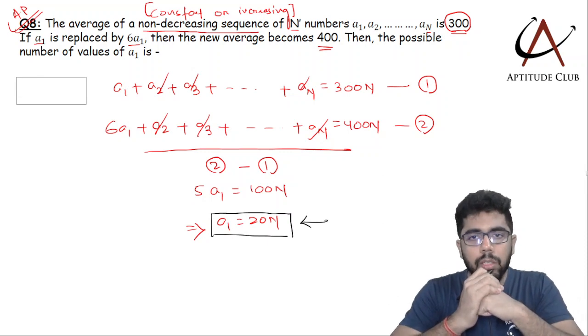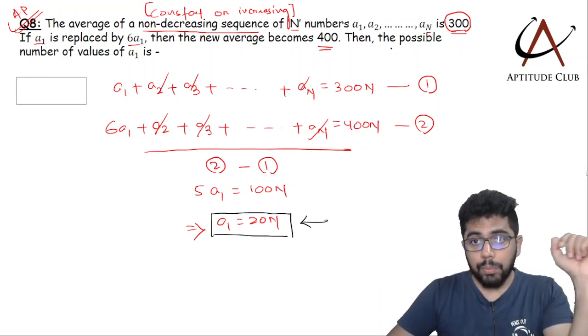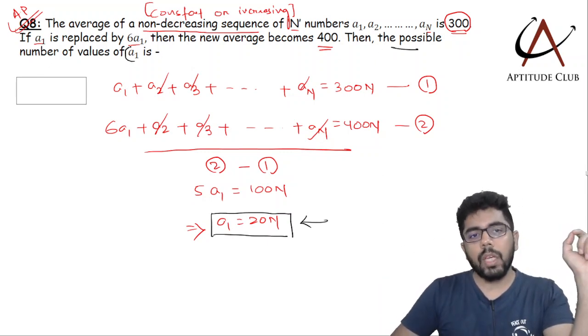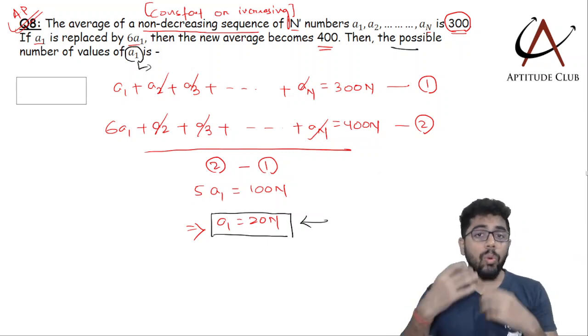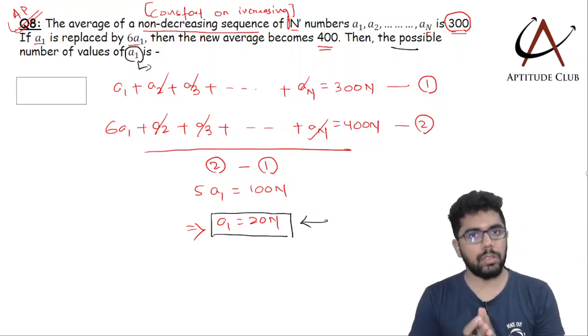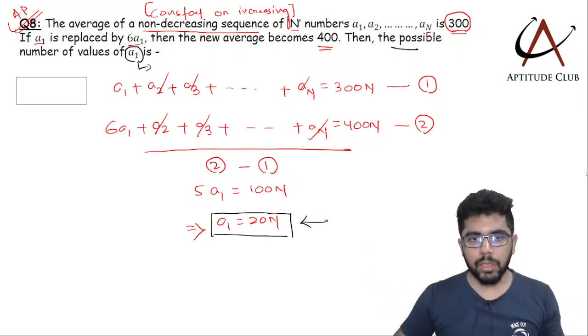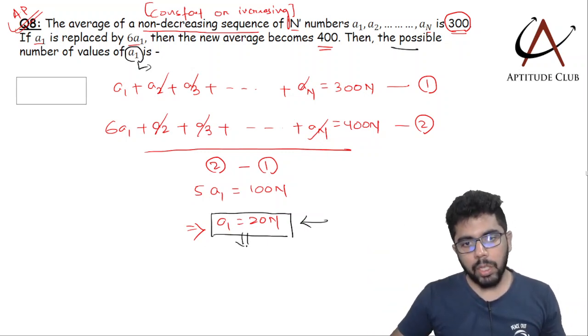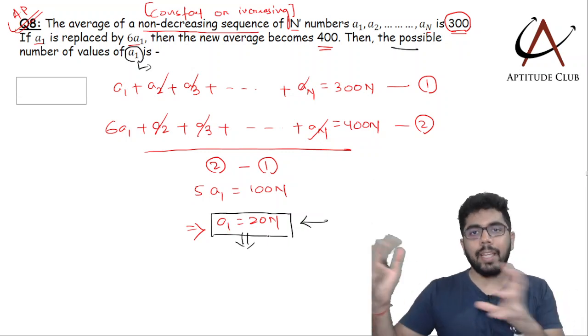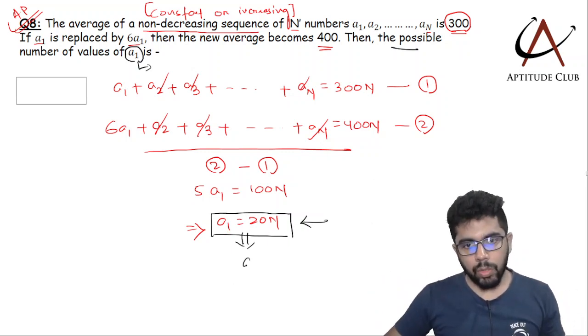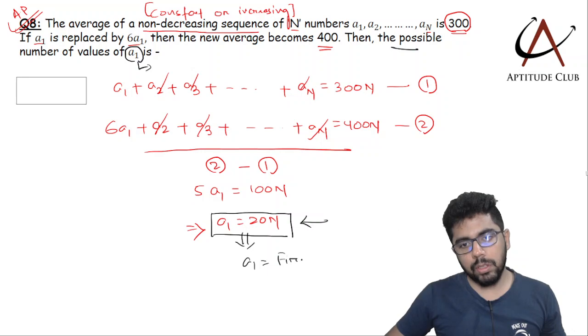Now the question is asking for the possible number of values of a1. That means in how many ways you can start your sequence, based on the number of terms. This is the relation between a1 and n, the number of terms. So a1 is basically the first term of my sequence and n is the number of terms.